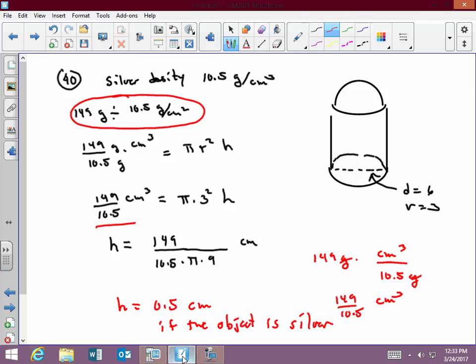Is that right? Does that make sense? I mean the units come out, right? So, okay, I'm going to assume we're okay. 42.